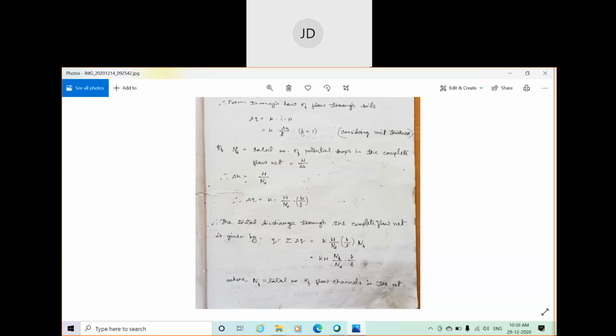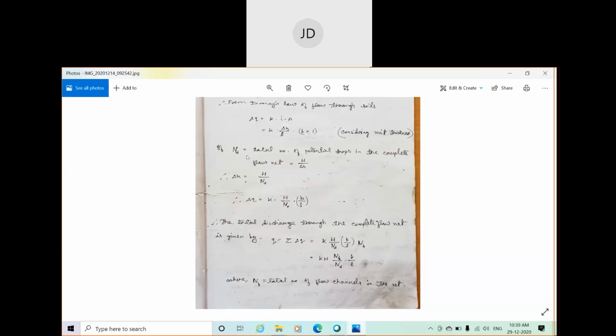Now, since we don't know how many flow channels there are, and how many potential drops there are, because you can draw many potential drops and many flow channels, we have to know that first before finding the total discharge of the flow net.